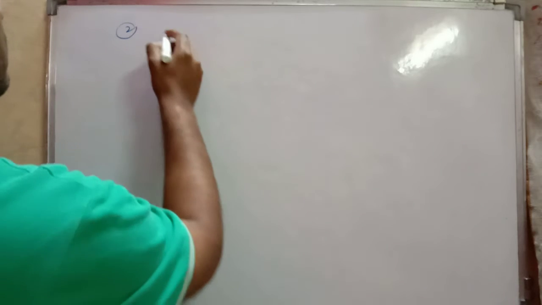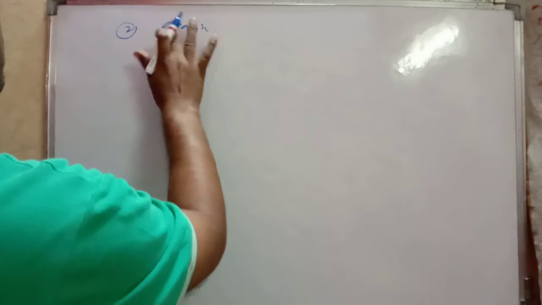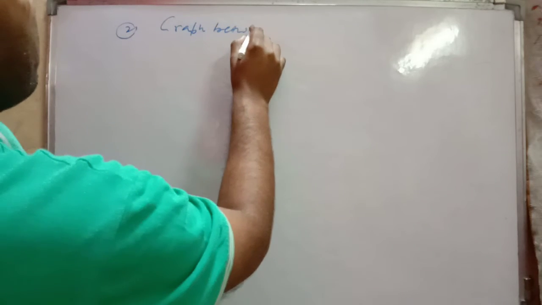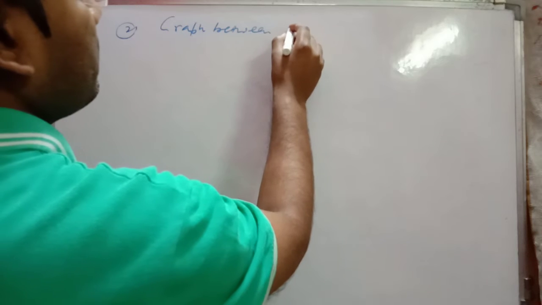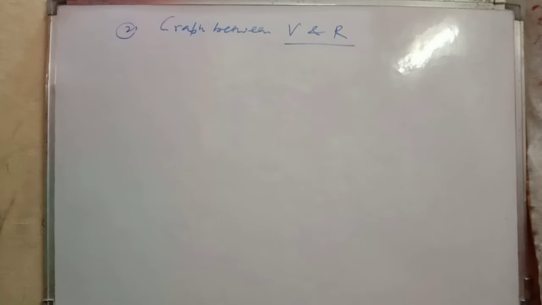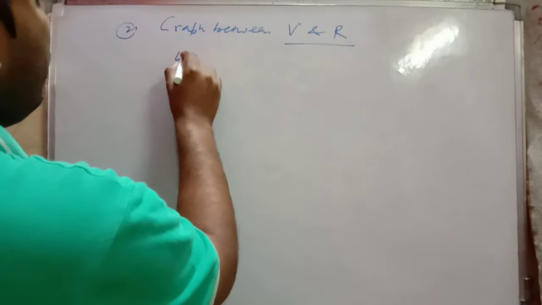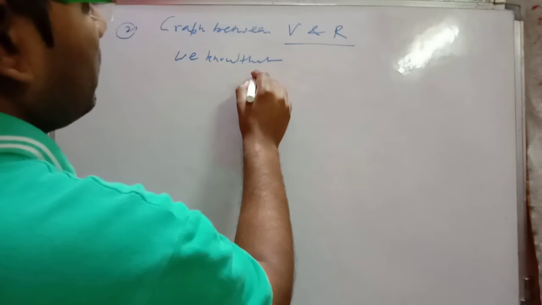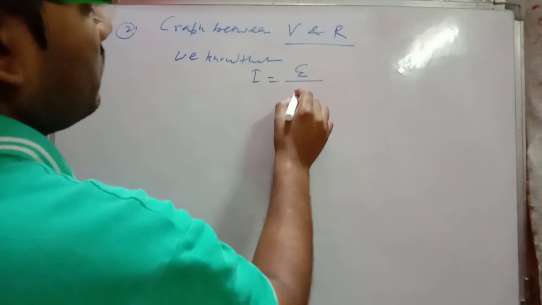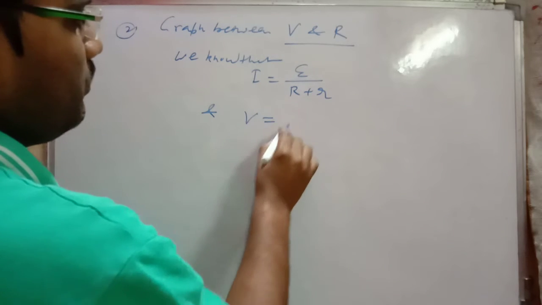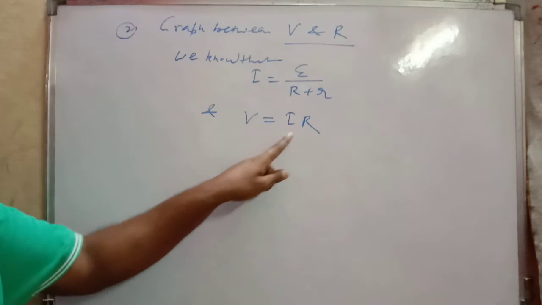And the second one is the graph between V and the capital R. We know that I is equal to E by R plus r, and the terminal potential V is equal to IR.